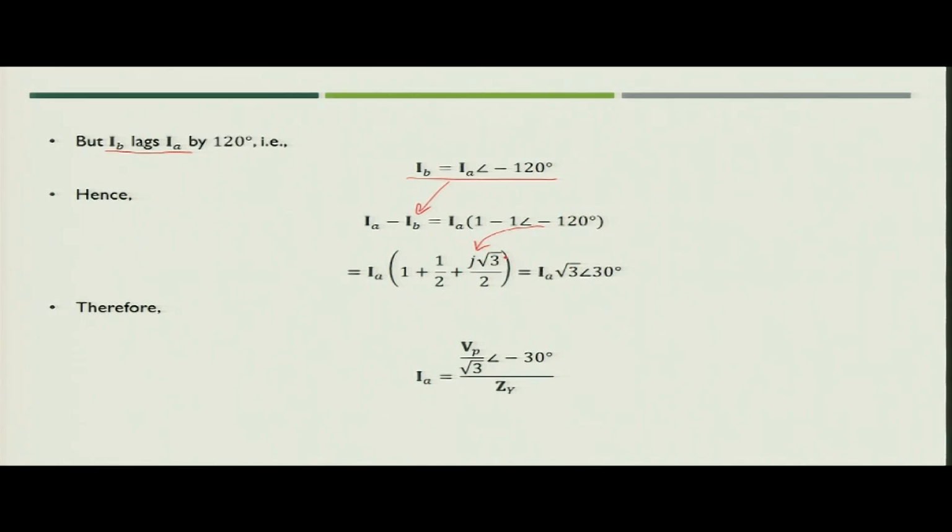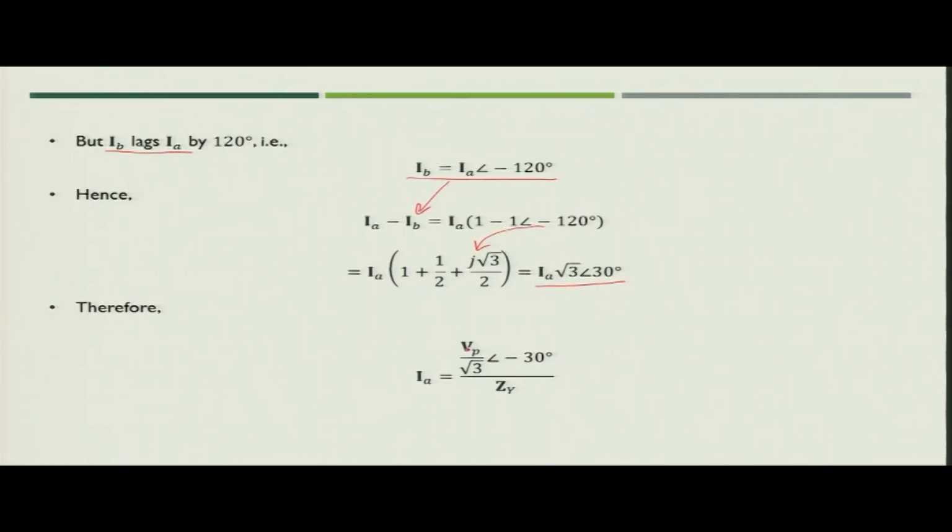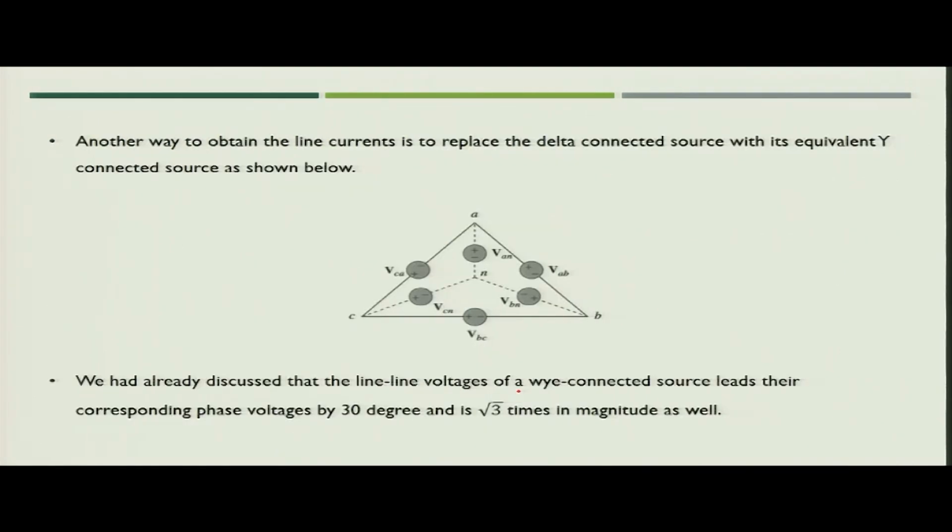Taking root 3 out of the bracket, we get IA root 3 times (root 3 by 2 plus j times 1 by 2), which we can simply represent with angle 30 degree. So IA minus IB is IA root 3 angle 30 degree. Putting this value into the expression and simplifying, we get IA equal to VP by root 3 angle minus 30 degree divided by ZY. In this way you can calculate the line current for a delta-star connected system.